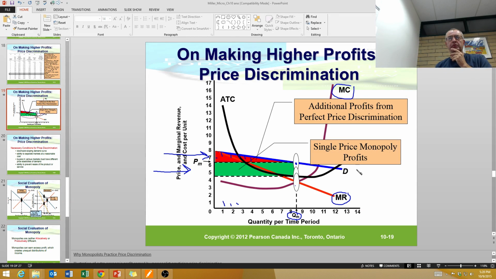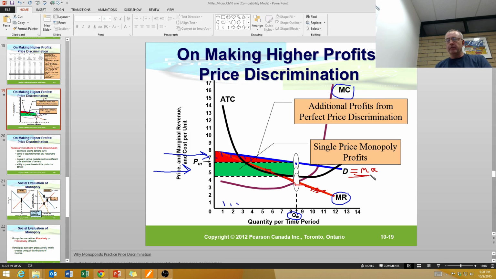And as we mentioned before, with perfect price discrimination, the demand curve becomes the marginal revenue curve. With perfect price discrimination, there is no other curve here. The demand curve is the marginal revenue curve.